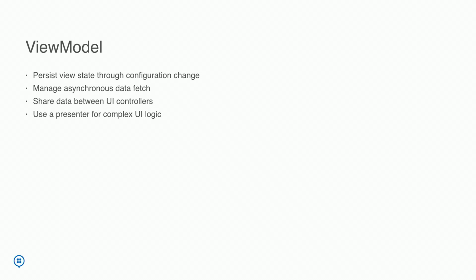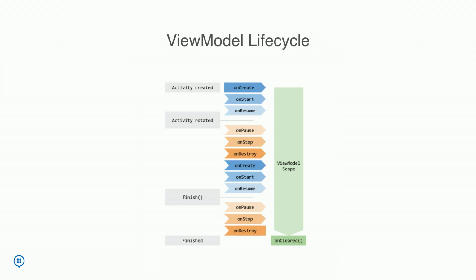Another important thing to point out here is the view model should not hold a reference back to the original activity or view context. And so here's the diagram for the life cycle, and you can see the view models persist through all of the changes until your activity is finally finished. And that's when the view model is cleared out of scope.